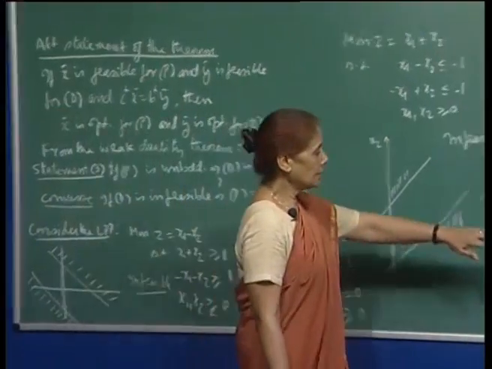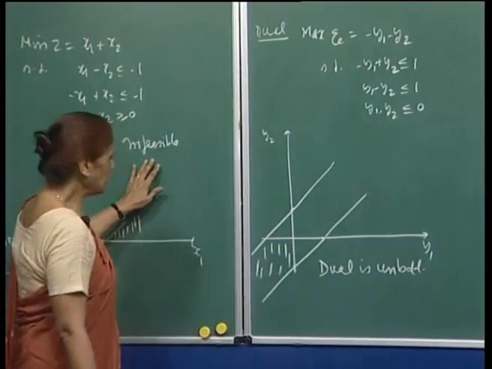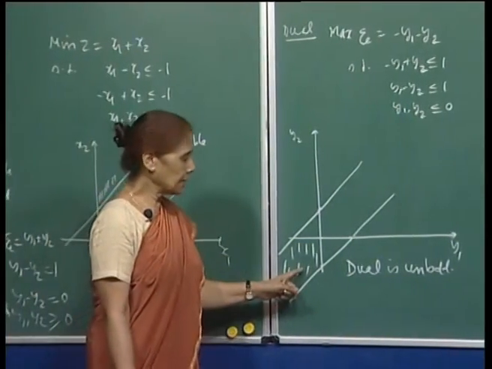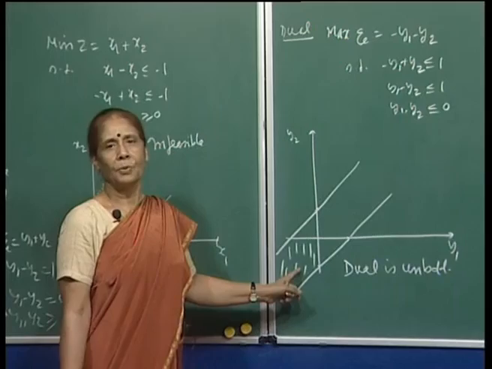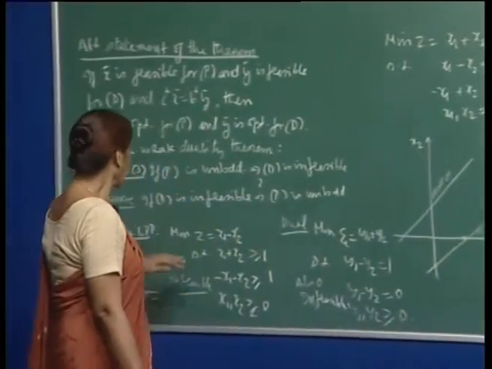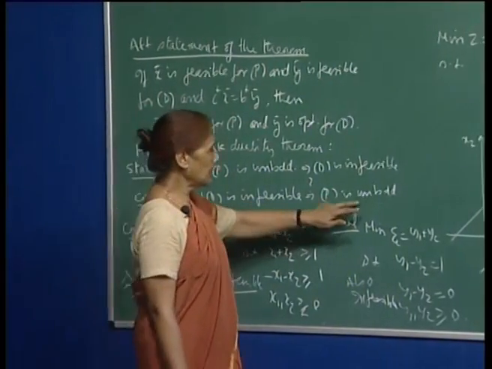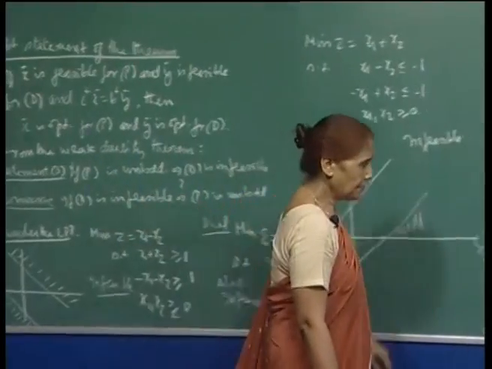And here the unboundedness comes because the dual problem is feasible, the primal is infeasible, the dual is feasible, and therefore, it will be unbounded. So, both cases are possible. Therefore, the converse statement would be that if D is infeasible, then P is unbounded if P is feasible.